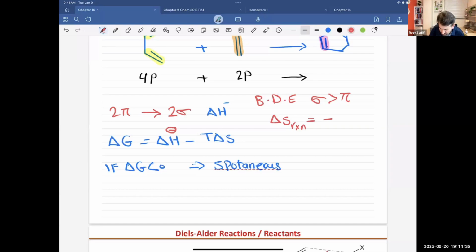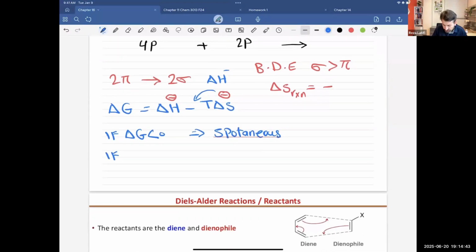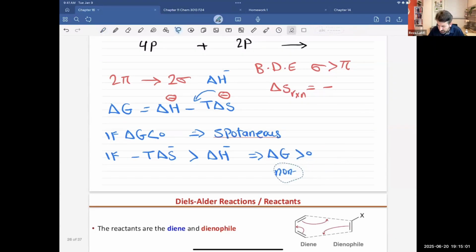Now, negative times negative makes a positive. What will happen if minus T delta S is bigger than delta H, which is negative? In that case, delta G will be positive, and the reaction will be non-spontaneous. That means it cannot happen.